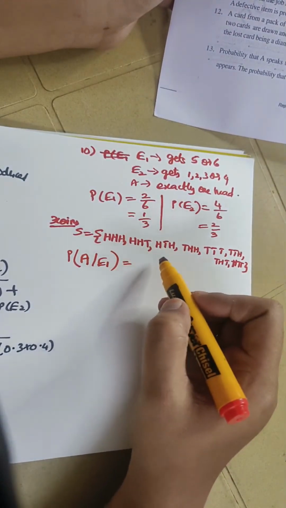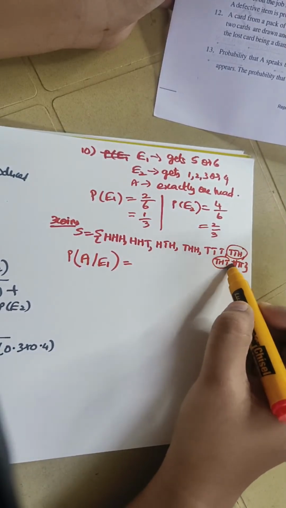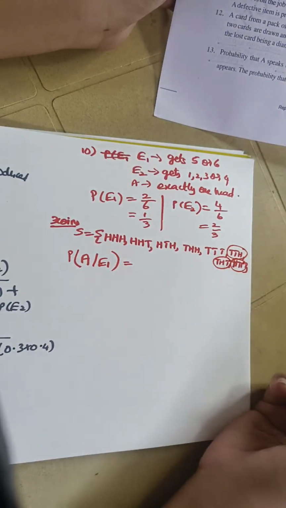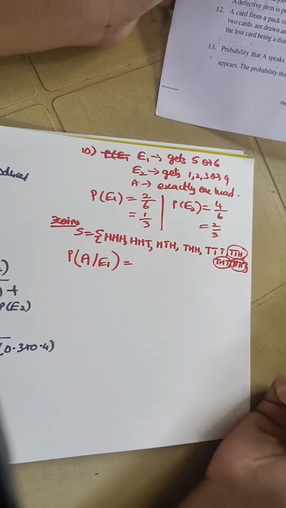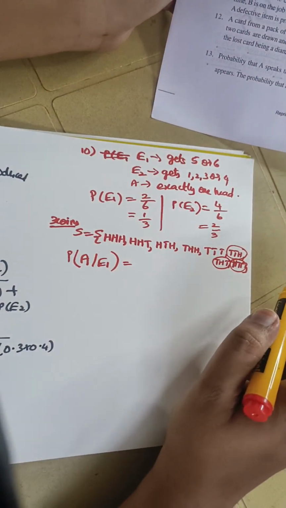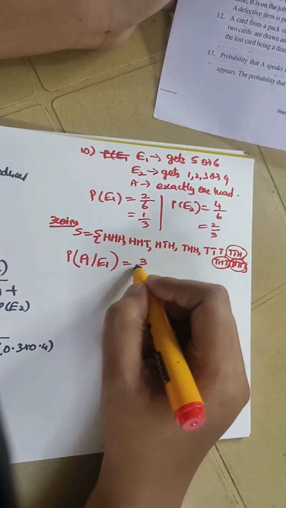Exactly one head: you will get TTH, THT, HTT. So in these 3 only you will be getting exactly one head, isn't it? So 3, and total is 8.